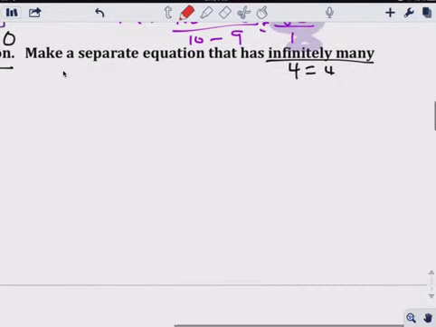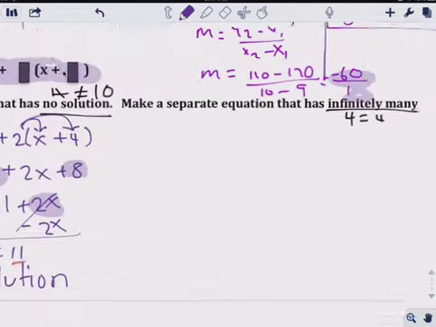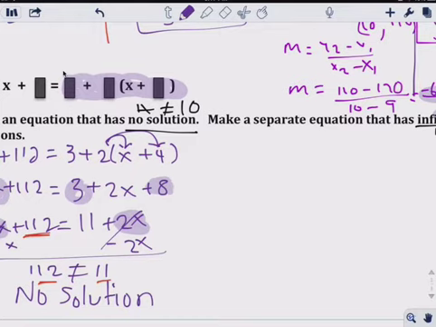Okay, infinitely many. Basically, they're pretty much alike. So I'm going to change these here, the one with the 3. Let's give it a 5 for the first one.